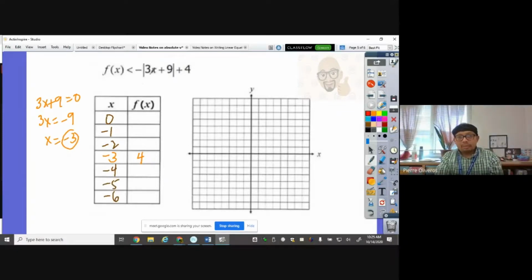We're going to plug in the negative 2 here. So that will be negative 2 times 3 is negative 6. Plus 9 will give you a 3. Absolute value of 3 is 3, but there's a negative there, so it becomes negative 3 plus 4 is 1.